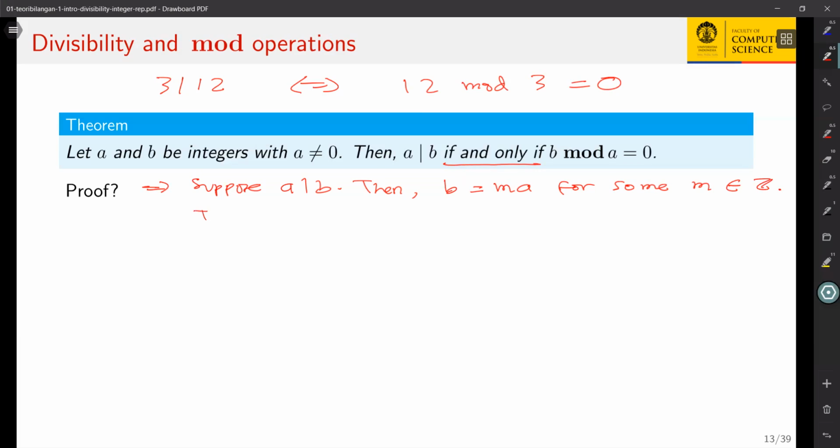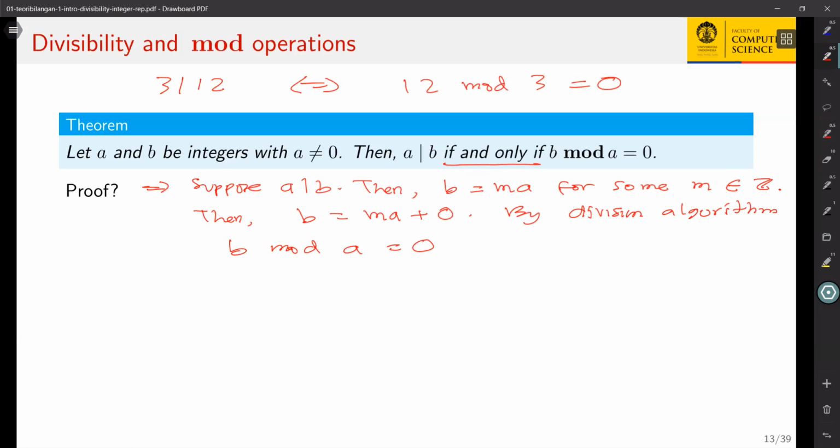Now that means, of course, that B is M times A plus 0, obviously, right? And by the division algorithm, we have that, of course, B mod A is 0, right?